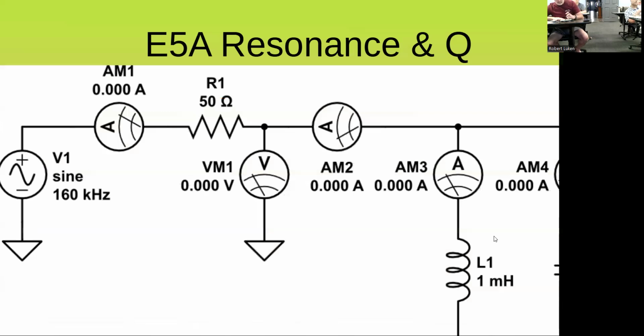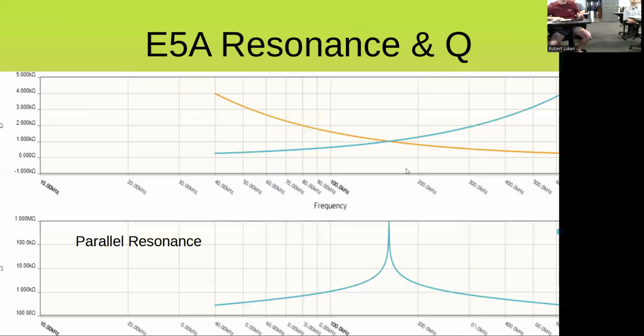If you look at the parallel resonant circuit, what you'll see is, again, the capacitor is going to be high and go low with a higher frequency. The inductor is just the opposite, where they're both equal. It is your resonant point.